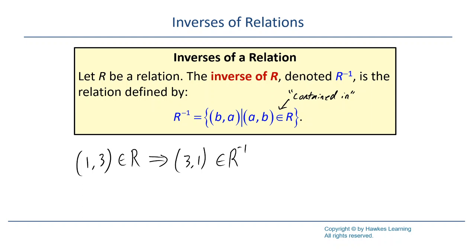Now, what separates a relation from a function? Functions have one input and one output. A relation can have one input with multiple outputs. That's the difference. So when we think of f of x is x squared, if I plug in 1, I get 1. If I plug in 2, I get 4. If I plug in -2, I get 4.